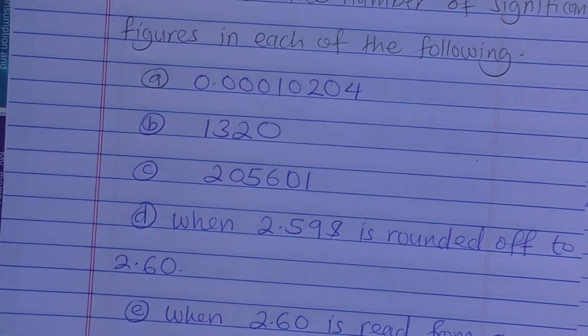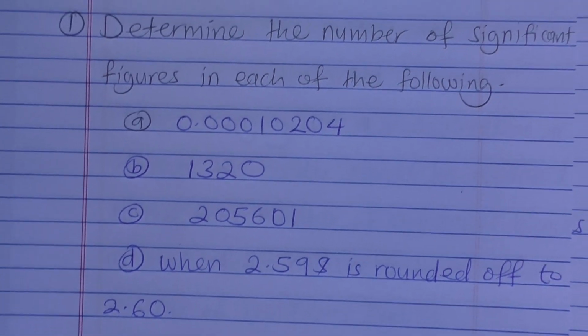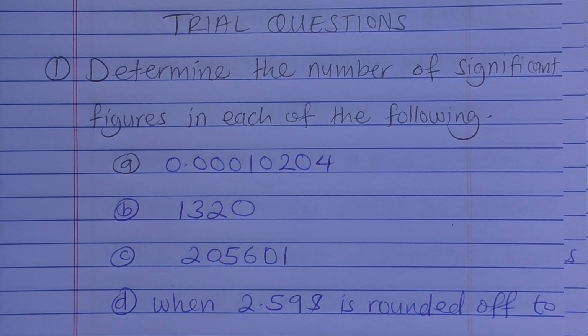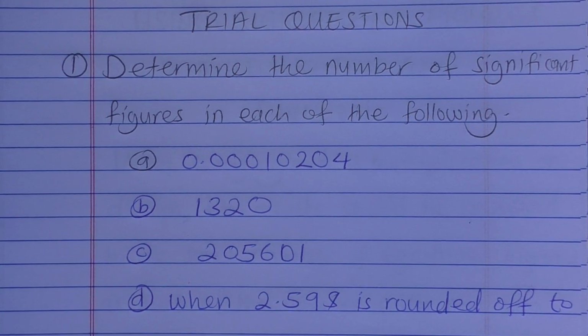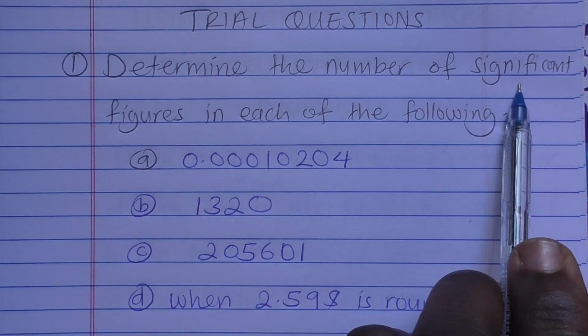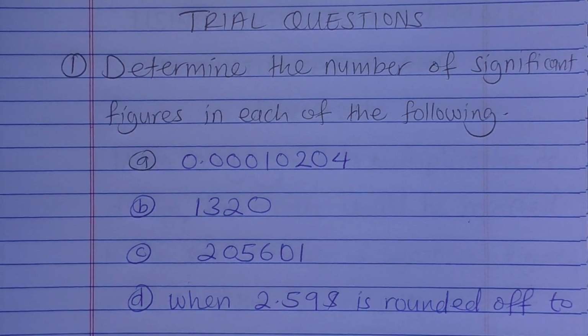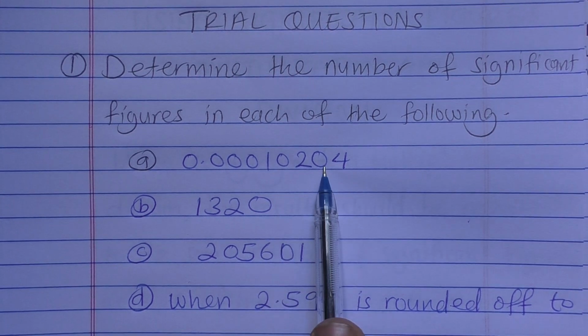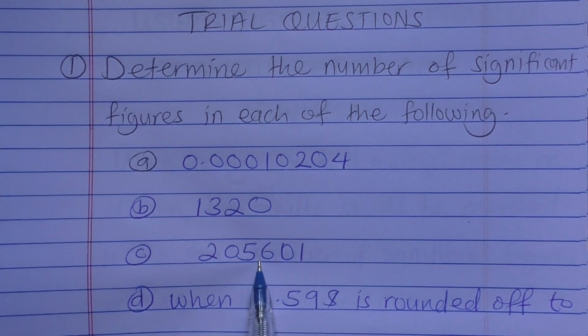Otherwise, I want us to try out these simple tasks. Number 1, we are going to determine the number of significant figures in each of the following. So you tell us how many significant figures are in this, that.